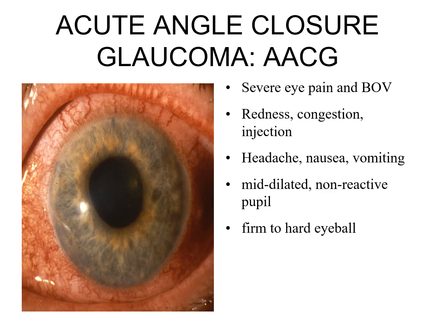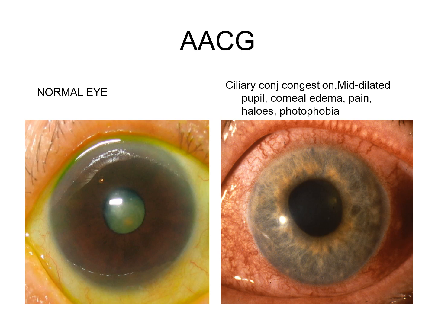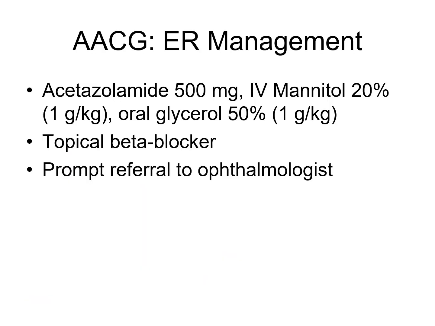Hence, if a patient presents to you with severe eye pain that is hard to touch as well as with decreased vision, the patient should have a consideration of acute angle closure glaucoma in mind. Acute angle closure glaucoma is managed through the use of medications that decrease the intraocular pressure.